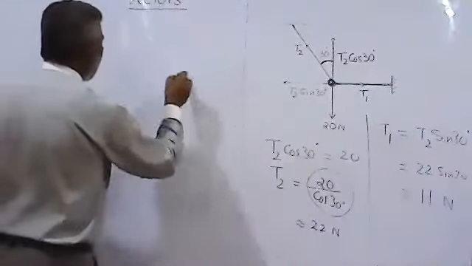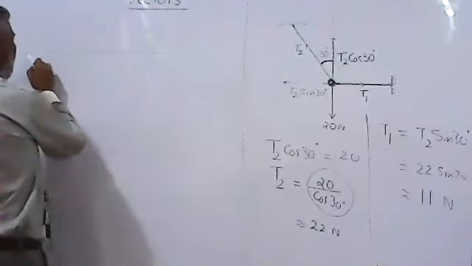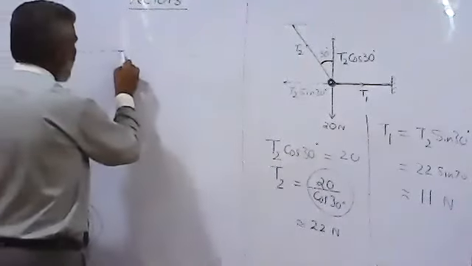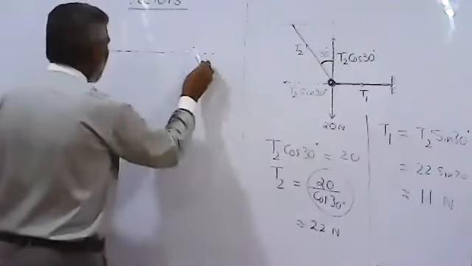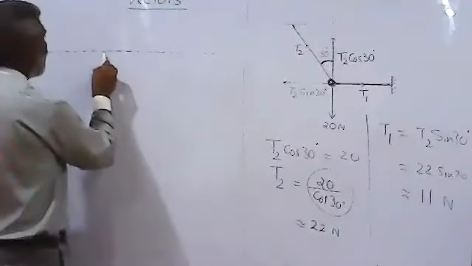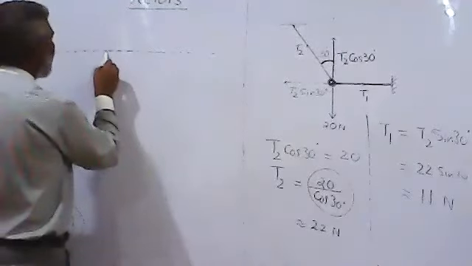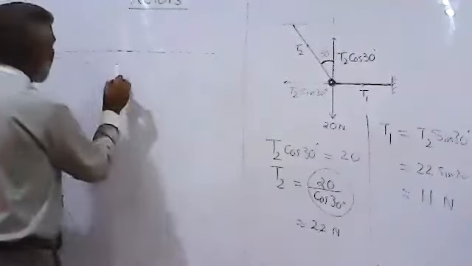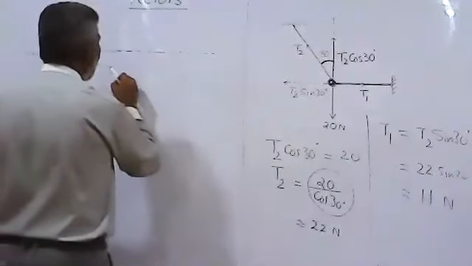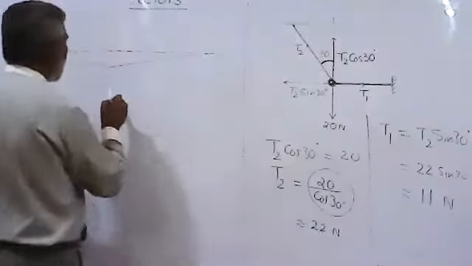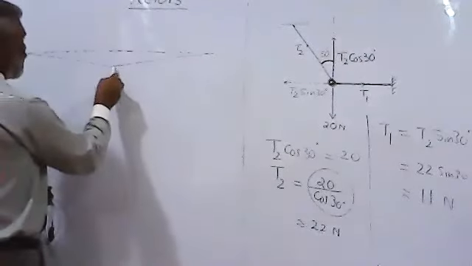Suppose you have a string which is initially horizontal, and when you hang a certain weight at the center, it develops a sag in it and looks like this.